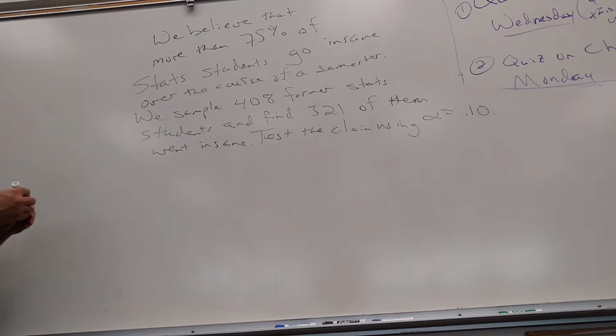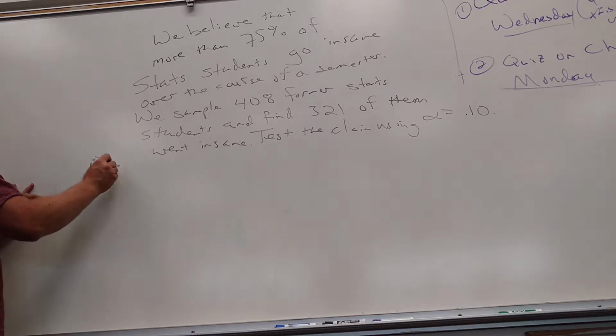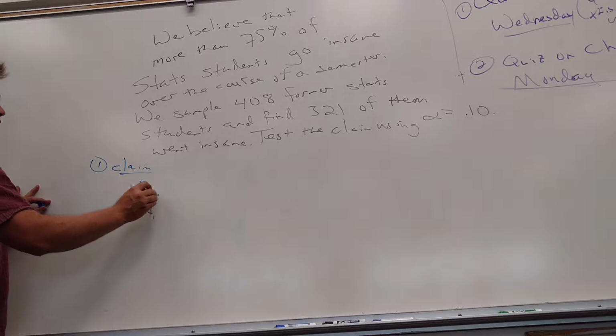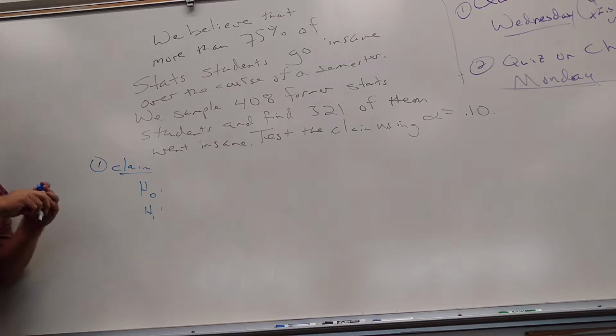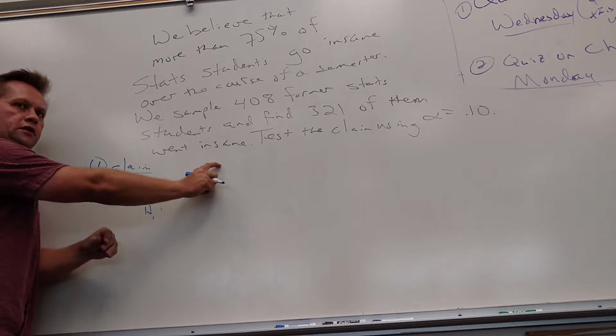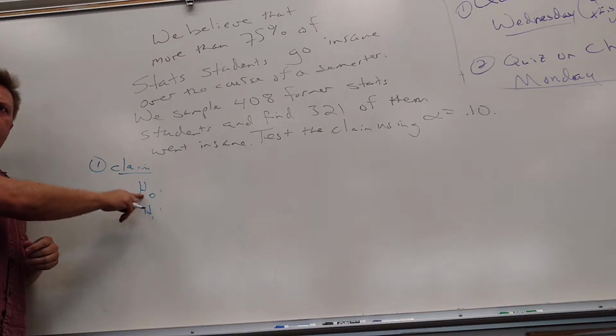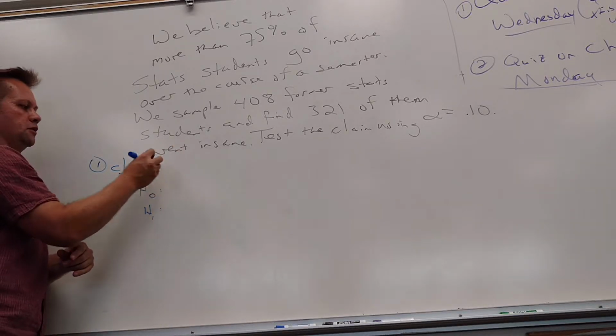So first off, what's the claim that's being made? More than 75% has to be. So now in mathish, what is it? H1 is greater than... No, I can't make any of these greater. These are statements. What is the statement?